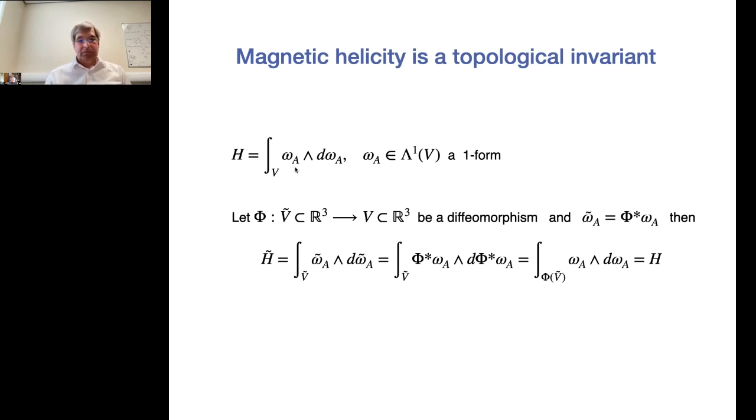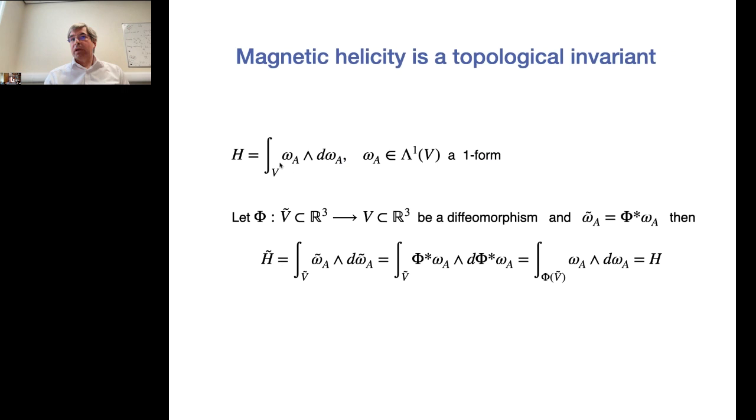You plug the vector potential, the vector, into the metric, and then you get a one-form. And d omega A is the equivalent of the magnetic field. It's a two-form. And omega A wedge d omega A is exactly the integrand A dot B.